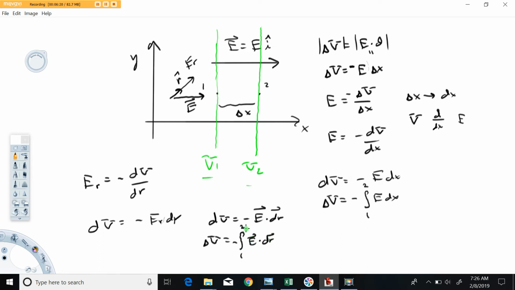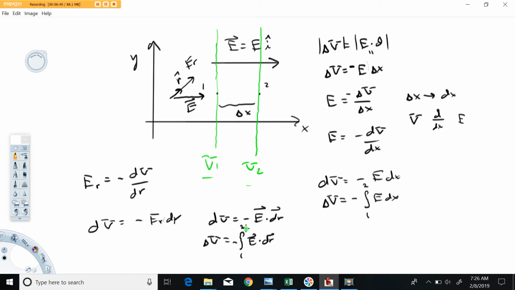Again, the intention of this video is just to be a quick video to introduce the relationship between the electric field and the electric potential. This is important because it's imperative that we be able to go back and forth.